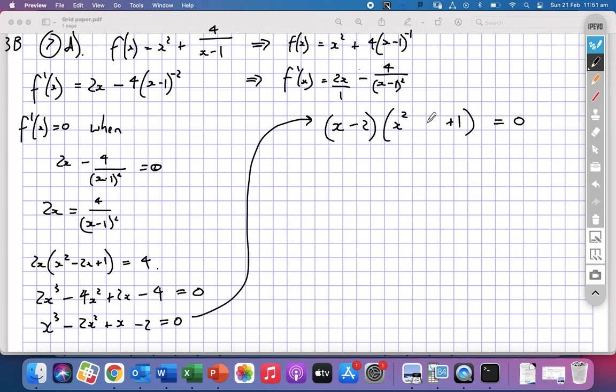But is there an x term in here? Not sure. I need to make a 1x. Where would that come from? I've already got 1x. So I think that's a 0. Because if I do x times 1, I've got my 1x here.